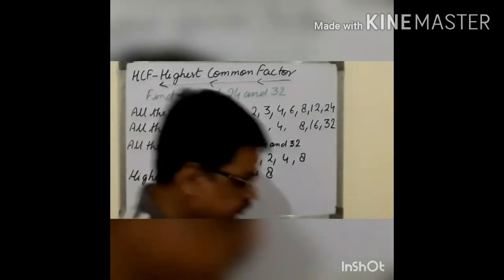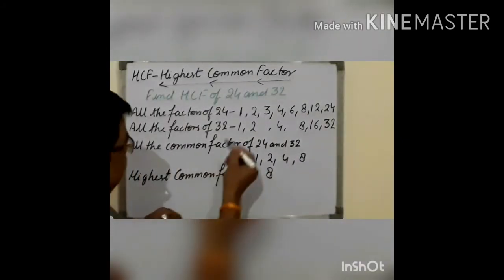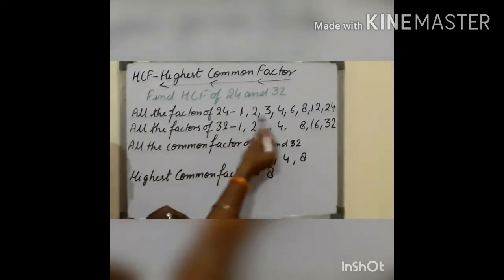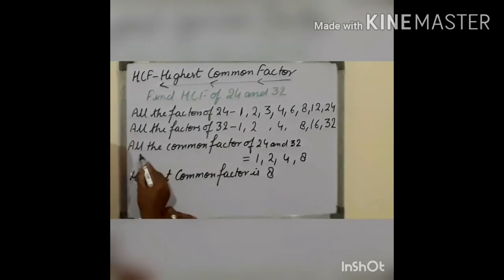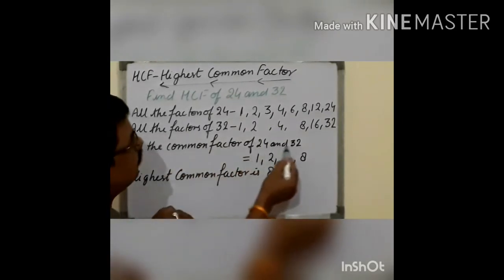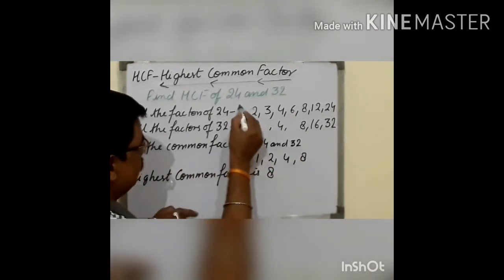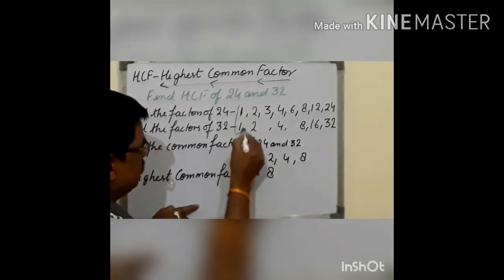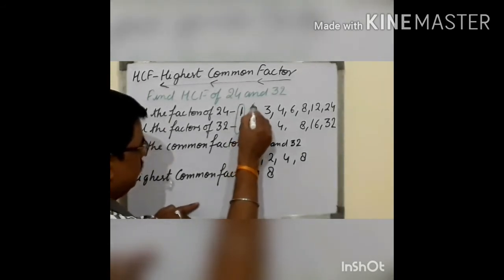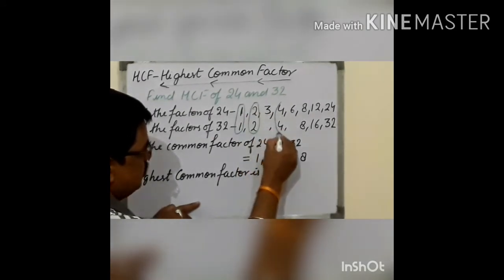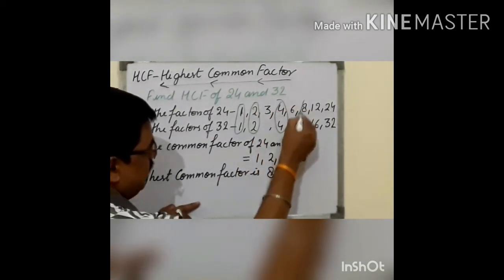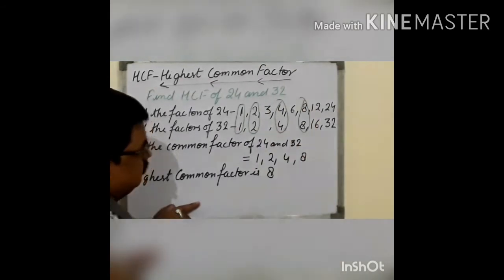Now look here. First of all, we will write all the factors of a given number, and after that all the common factors of 24 and 32. So 1 is common in both, 4 is also common, and after that 8 is common.